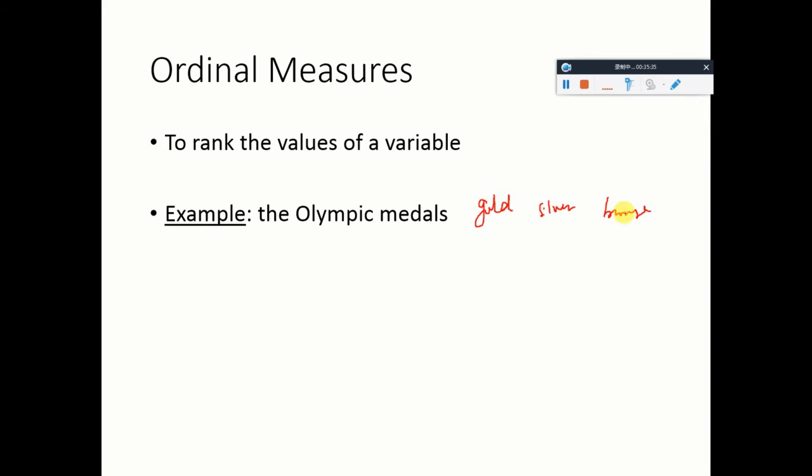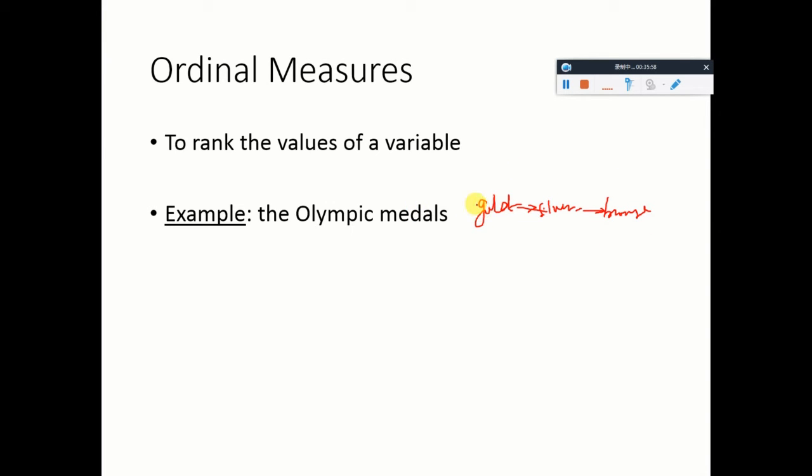They're mutually exclusive, they're discrete. There is no in-between state between gold and silver, or between gold and bronze. They're independent categories. So at the very beginning, this is a nominal measure system.